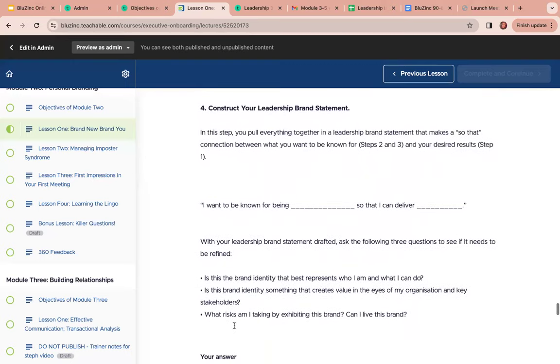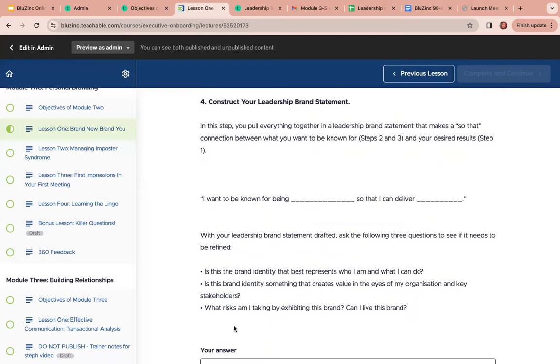Step 4 is essentially pulling everything together. In this step, you're going to look at the connection between steps 2 and 3, and how they feed into your overall objectives, which were in step 1. A really good way to do that is to say, I want to be known for being X so that I can deliver Y. When you draft your leadership brand, you can then ask questions to see if it needs to be refined or tweaked.